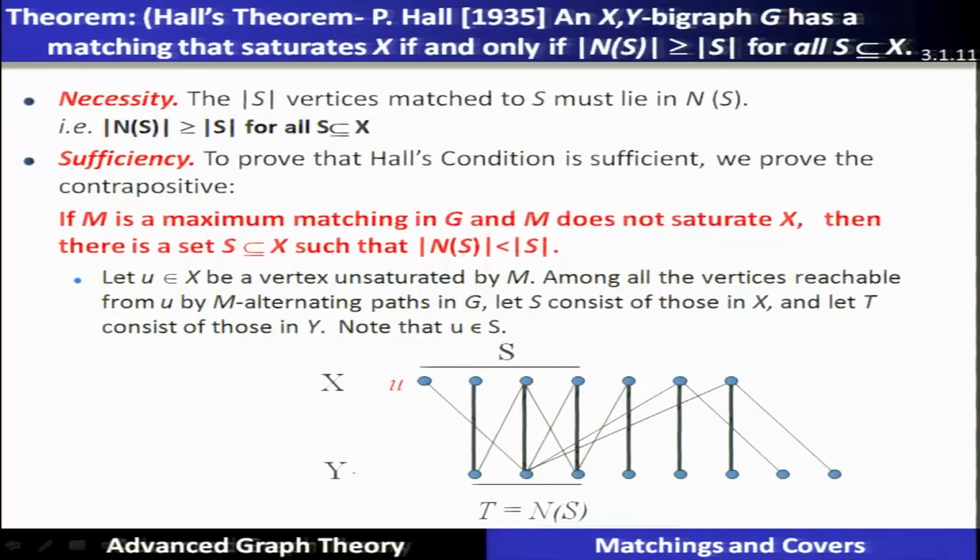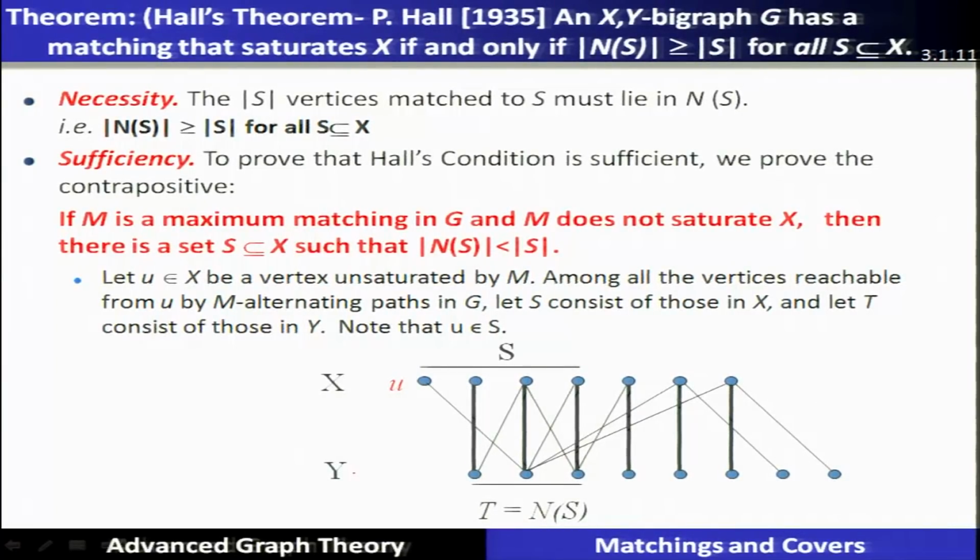We are now going to see the proof of Hall's condition. An XY bigraph G has a matching that saturates X if and only if the size of the neighborhood of S is at least the size of S for all S which is a subset of X. That condition we have already seen.